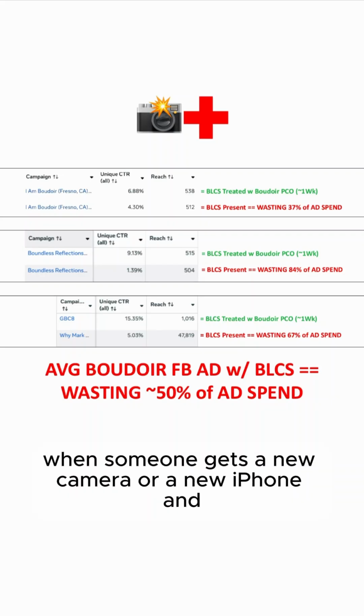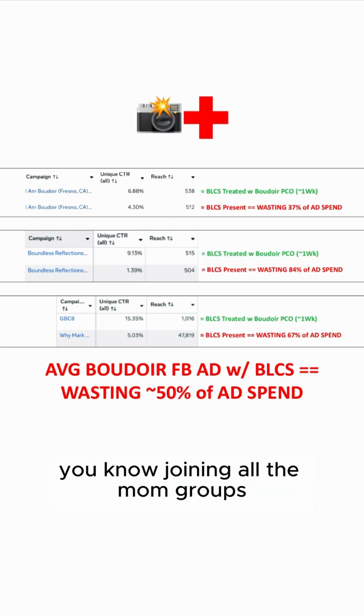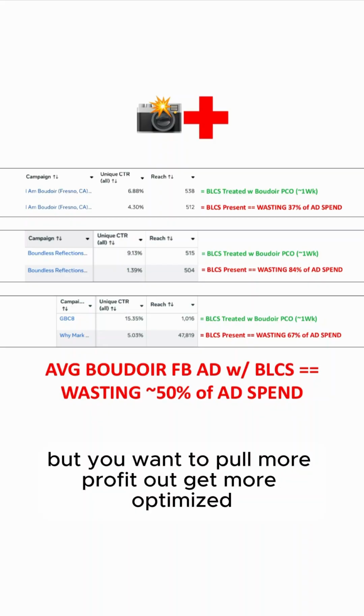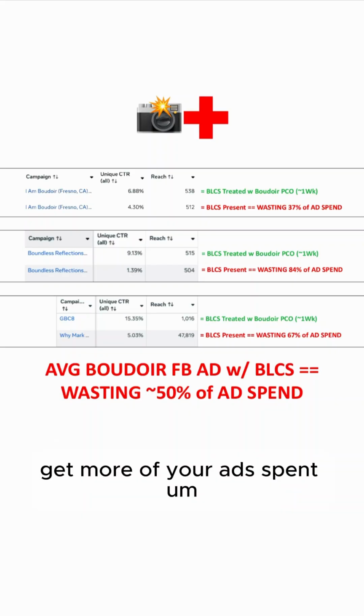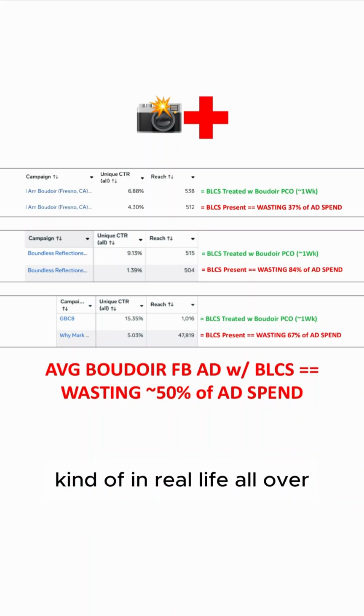Seems like when someone gets a new camera or a new iPhone, they're joining all the mom groups, offering the $50 shoots. But you want to pull more profit out, get more optimized, get more out of your ad spend. Because price is going up for everything, kind of in real life all over.